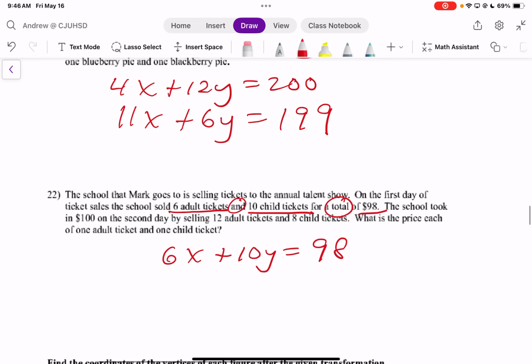And then they said this one in the opposite order, but put the 100 on the end, and it's 12x and 8y. Okay? So I anticipate that'll be a pretty easy question for you.